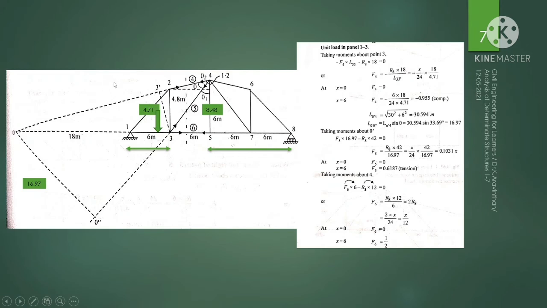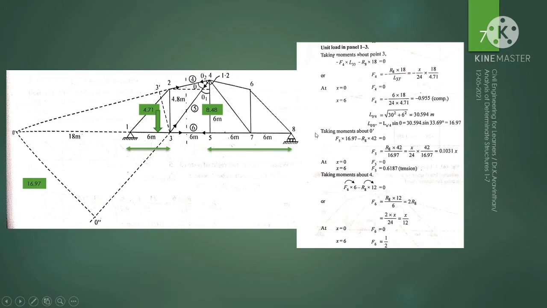You know this hypotenuse side as 30.594, and you have to find the distance O dash O double dash. This is the hypotenuse side into sin theta. If you multiply this, you will be getting this distance as 16.97.